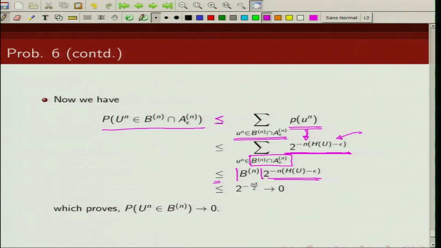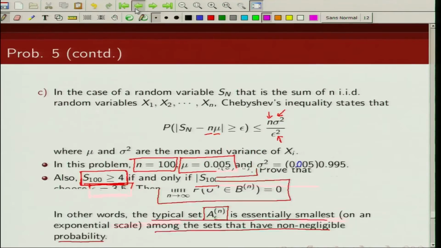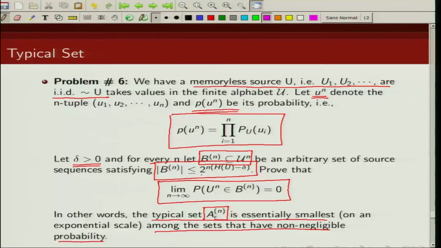And we are summing over this particular set. So this would be the cardinality of B^n multiplied by this. And what is B^n? B^n we just now saw is bounded by 2 raised to the power n H(U) minus delta.